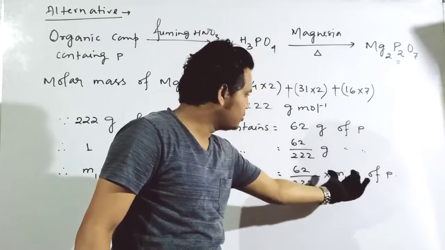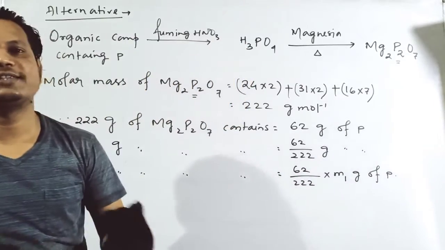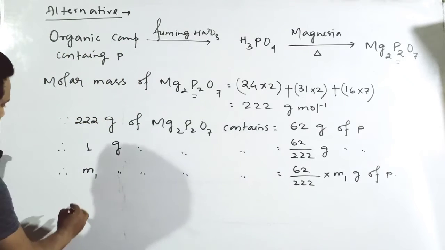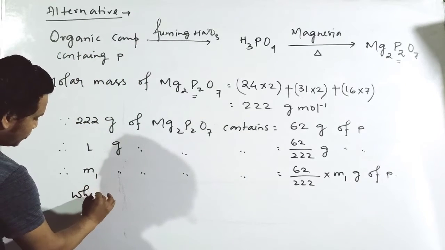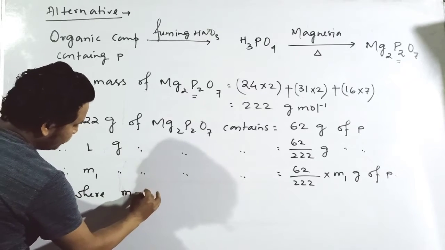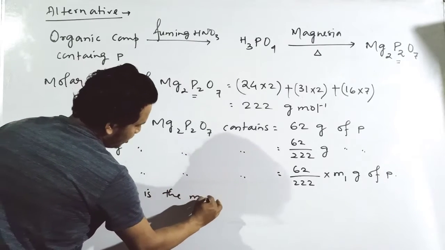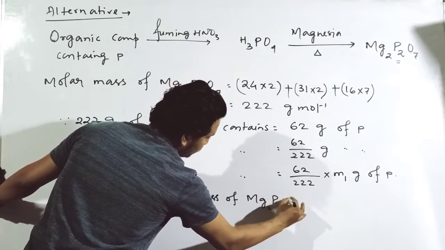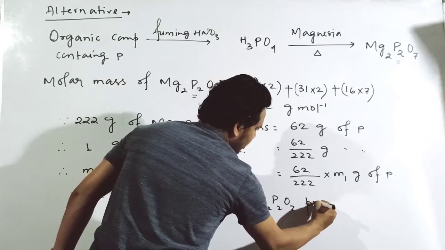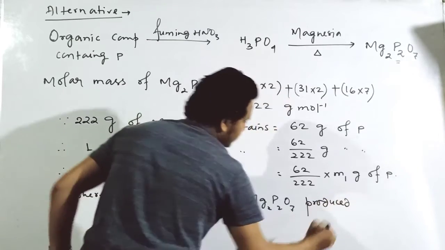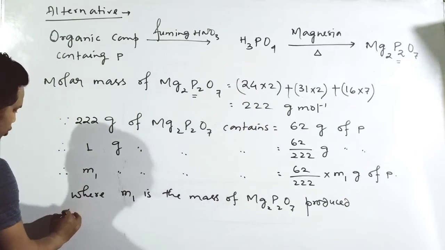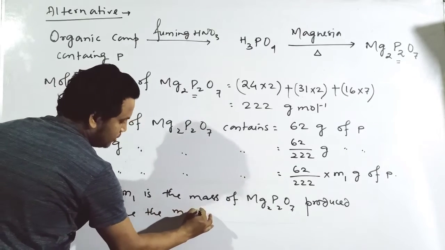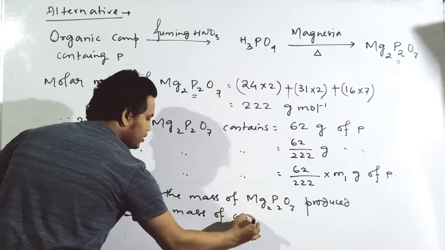Once we have the mass of phosphorus, the mass percentage can be easily determined. Let M be the mass of the organic compound.